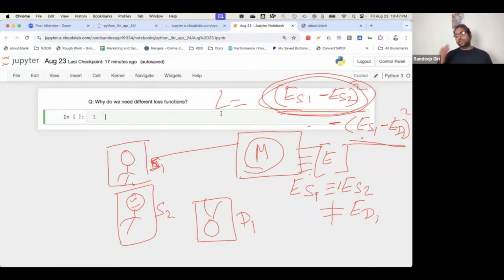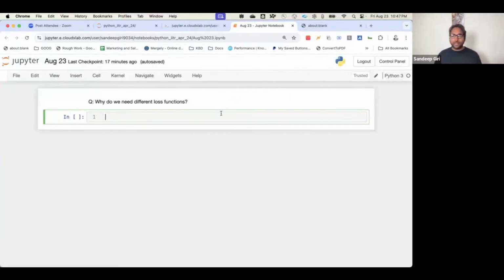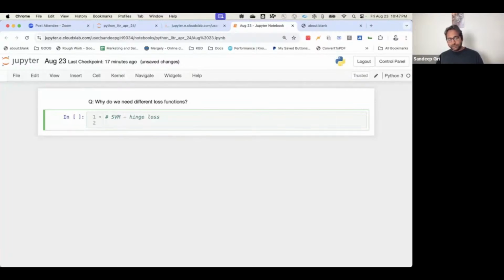Okay, so the whole innovation about FaceNet was coming up with triplet loss. Okay, so the earlier method that we talked about was called, what do you call that? SVM loss. We also called it hinge loss. Okay, hinge loss. And then I talked about triplet loss.